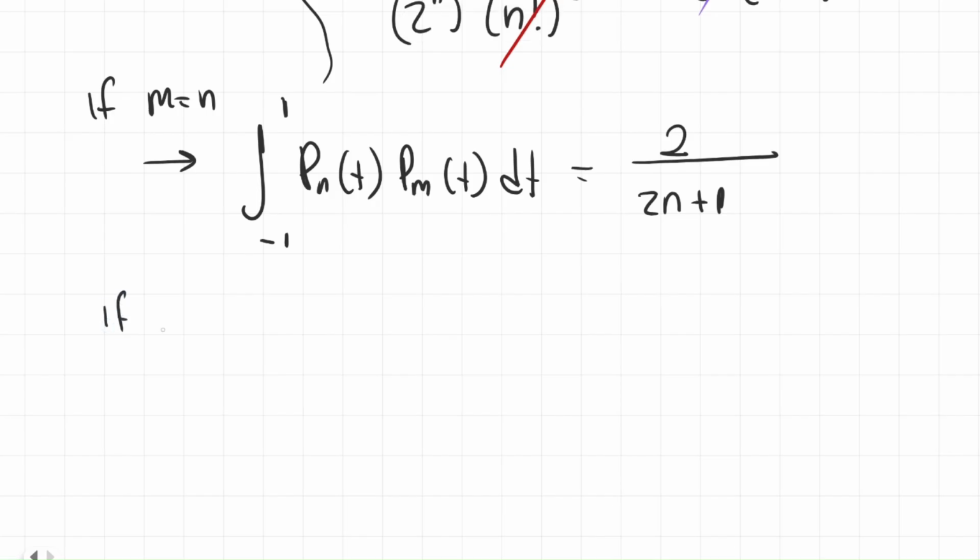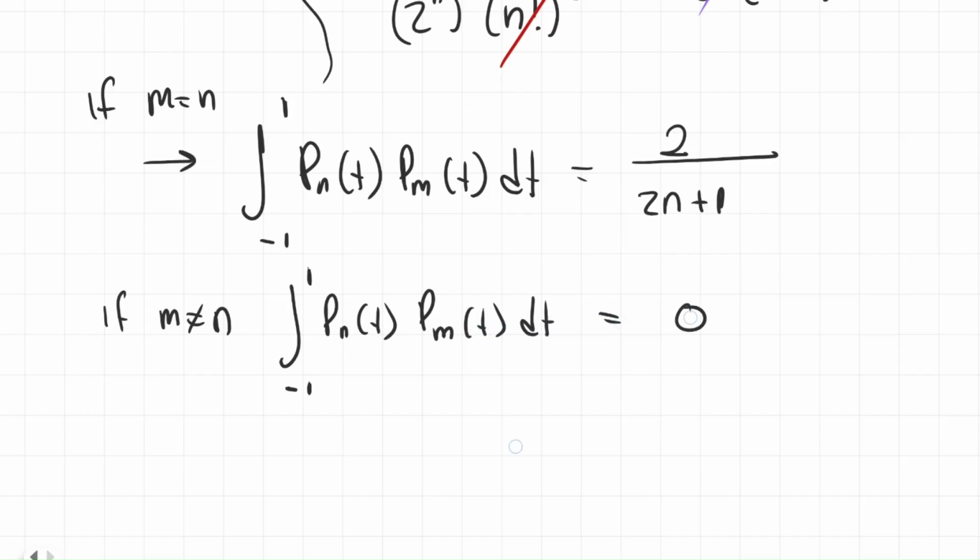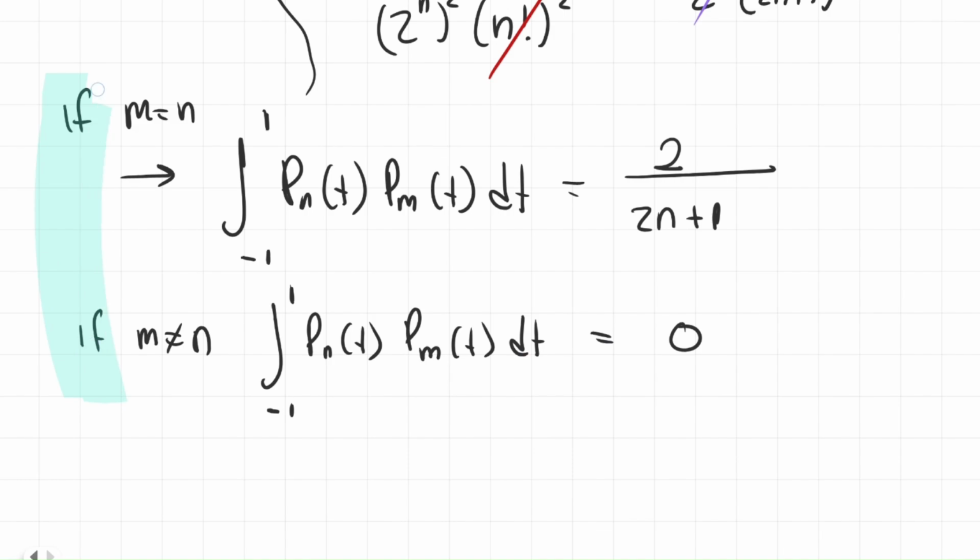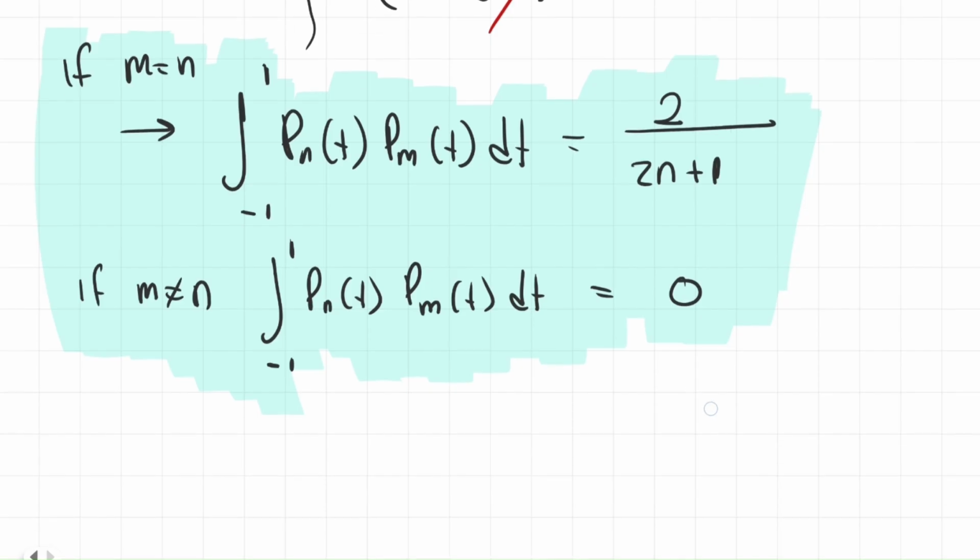And remember that if m is different from n, then the integral from minus 1 to 1 of p sub n of t, p sub m of t dt is going to be equal to 0. Okay, so this proves that the Legendre polynomials are orthogonal. Recall that if we take two different polynomials and calculate the inner product, well, they need to be equal to 0 to be orthogonal. So the Legendre polynomials have that property.